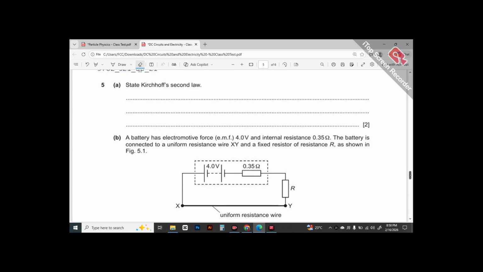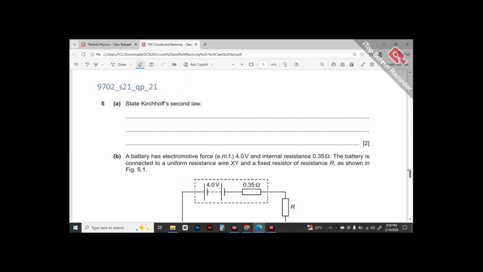Now moving towards another question here, we have to state Kirchhoff's second law. Second law was the voltage law, right? You cannot just mention the voltage is equal to EMF or the potential drop is equal to EMF.